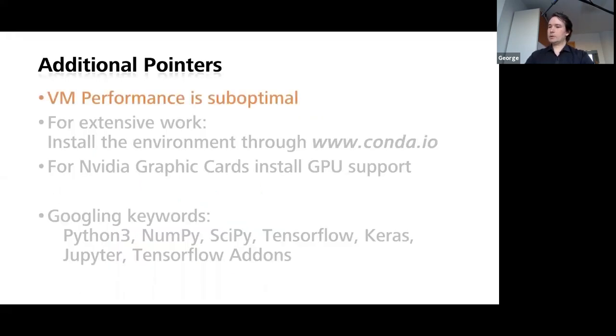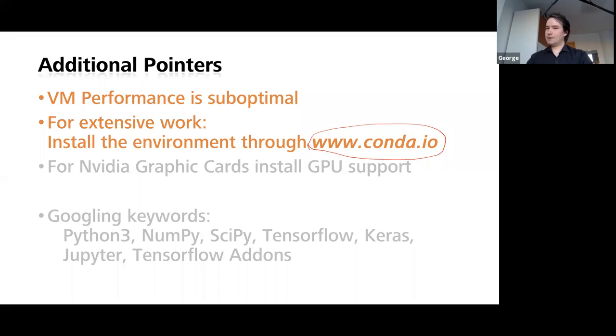The virtual machines that I prepared are not super fast, but they're good enough for training. If you're in Windows and want to have a working environment within your operating system, you might want to install Conda, which is a Python distribution specifically aimed at machine learning, and it has many packages inside.